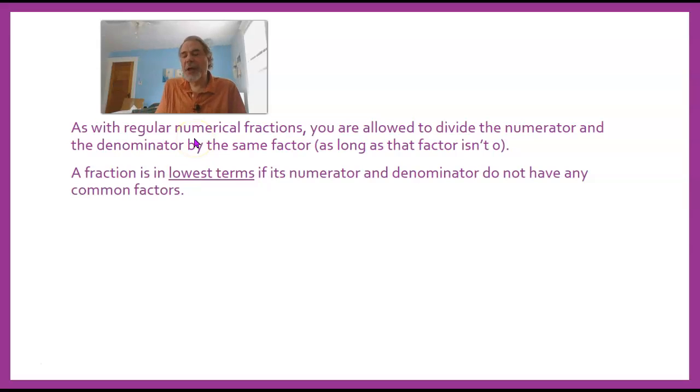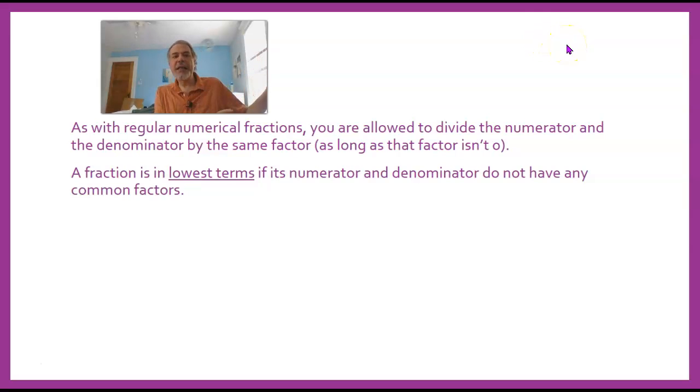So one thing we know about good old numerical fractions is that you are allowed to divide the numerator and the denominator both by the same thing, as long as that thing isn't 0. And a fraction is in lowest terms if you can't do that anymore, if the numerator and denominator don't have any common factors that you can divide them both by.